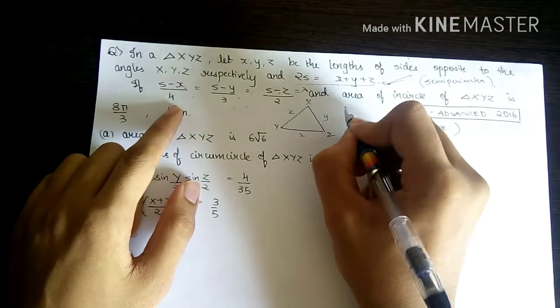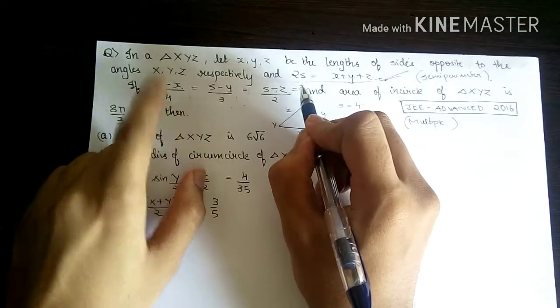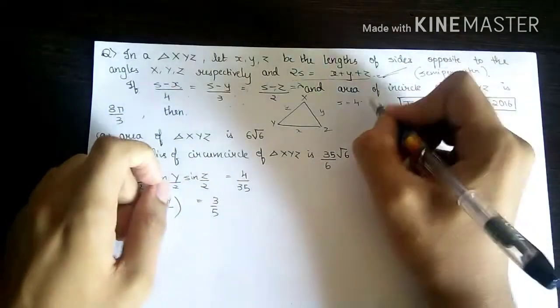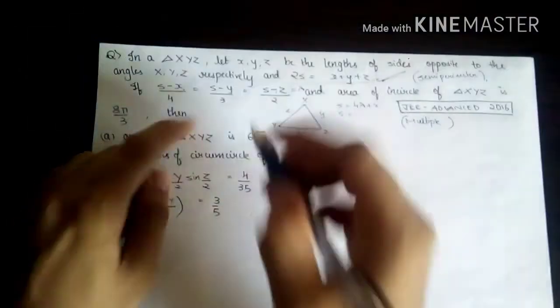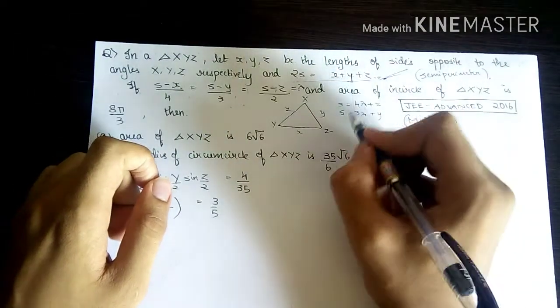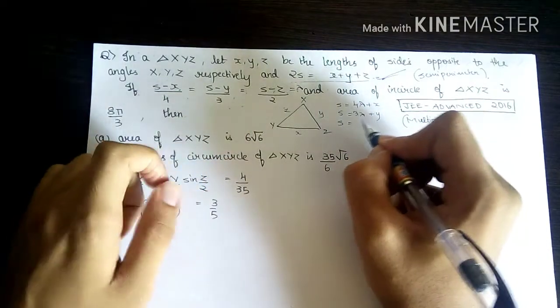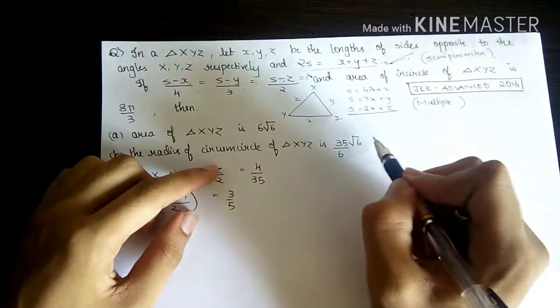If I find each value of s: s equals 4 lambda plus x, s also equals 3 lambda plus y, and s equals 2 lambda plus z. Let me add all three equations.